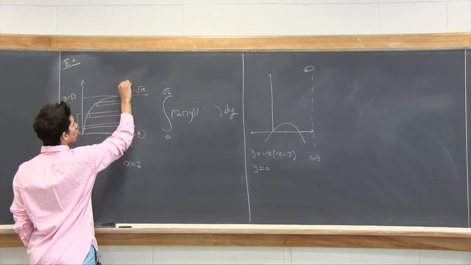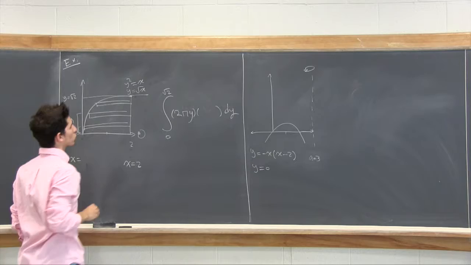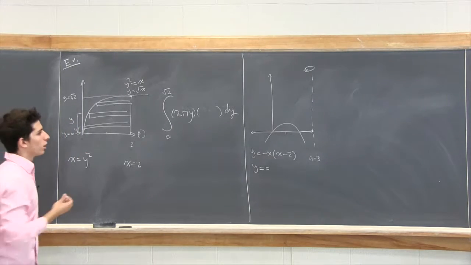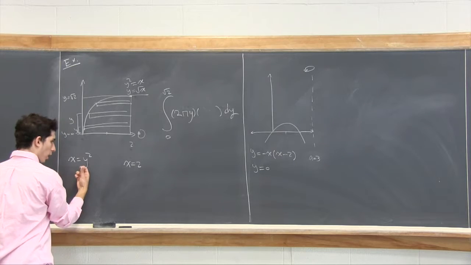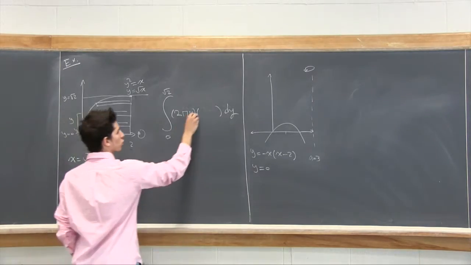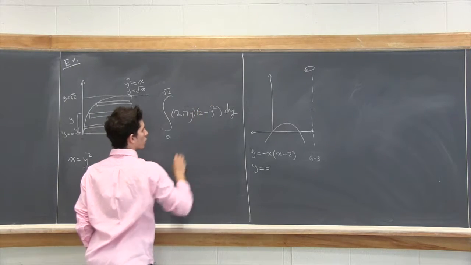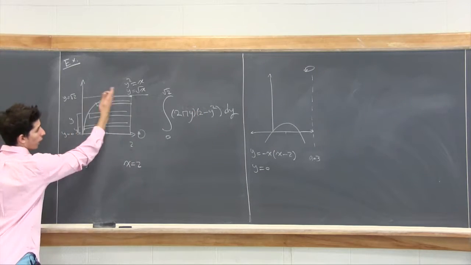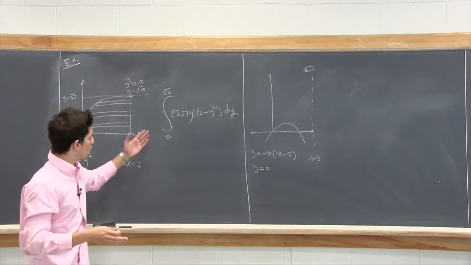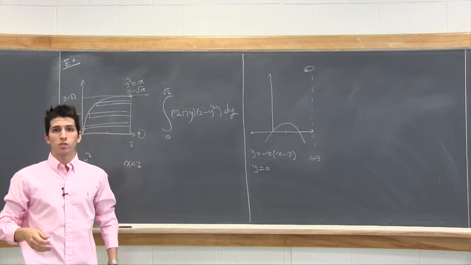Here, it's simple, and we can just say y squared is equal to x. And now we have it in terms of y. I'm starting at y squared, and I'm going to 2. So the distance between these two things is just going to be 2 minus y squared, because it's bounded left by y squared and bounded right by 2. And that's it. And you can just do the integral again by distribution.